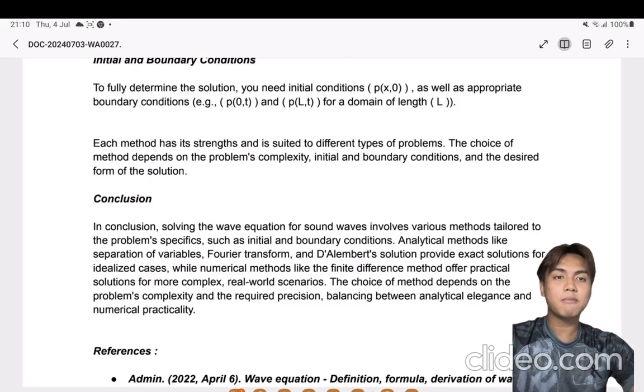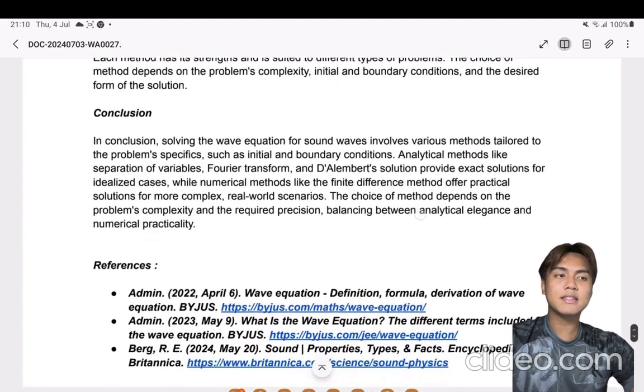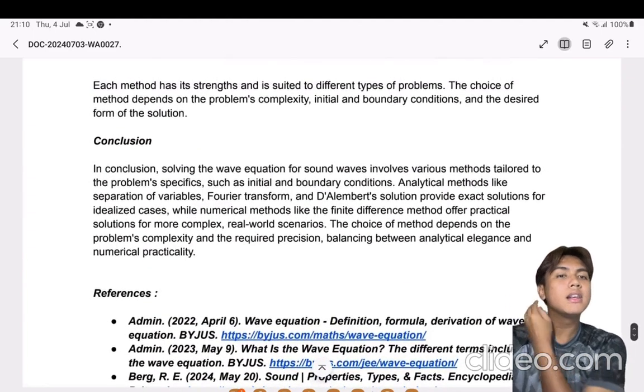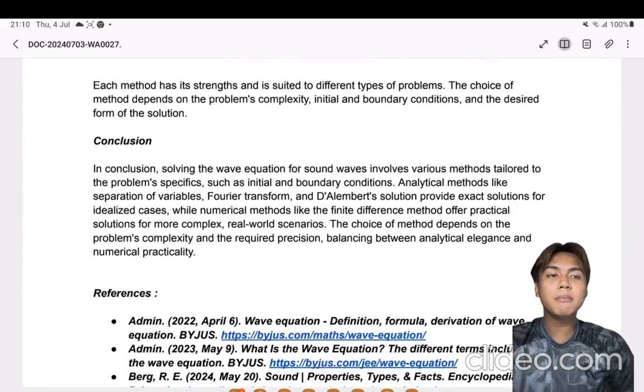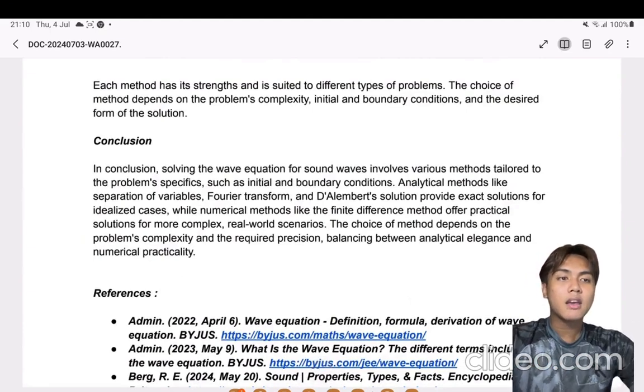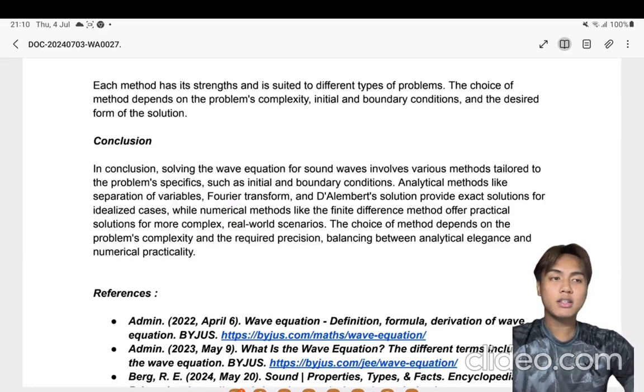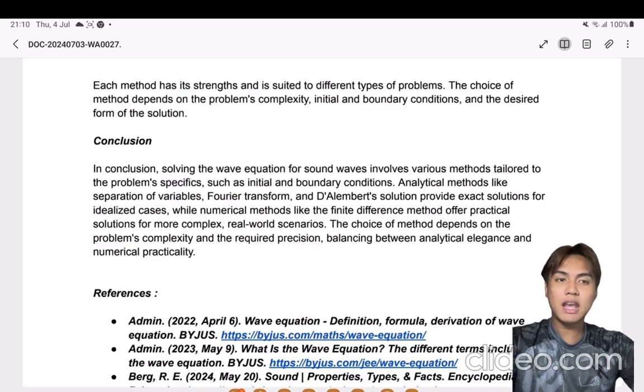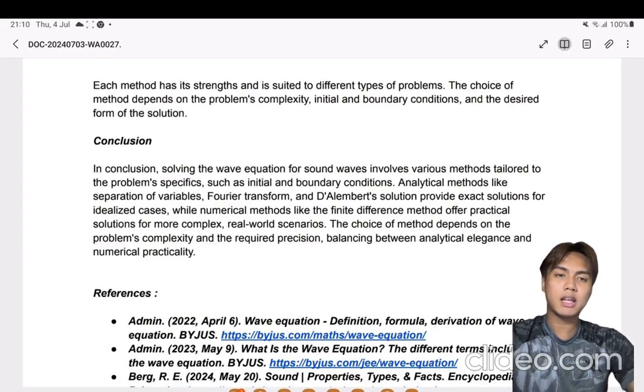Analytical methods like separation of variables, Fourier transform, and the d'Alembert solution provide exact solutions for idealized cases, while numerical methods like the finite difference method offer practical solutions for more complex real-world scenarios. The choice of method depends on the problem's complexity and the required precision, balancing analytical elegance and numerical practicality.